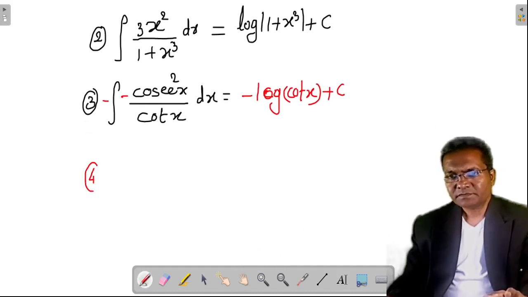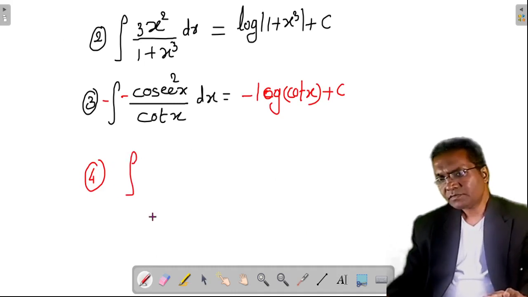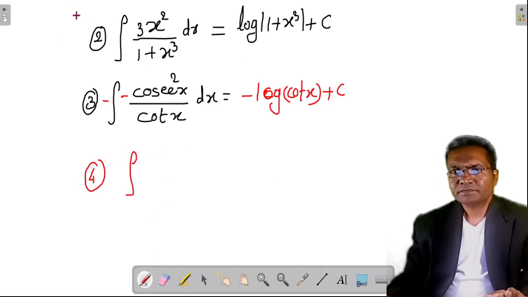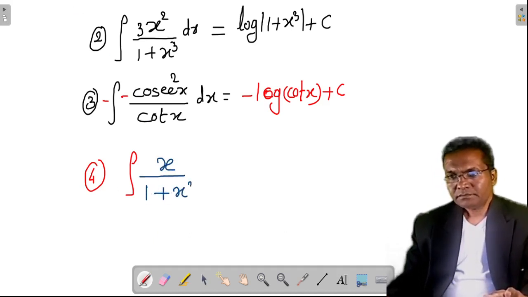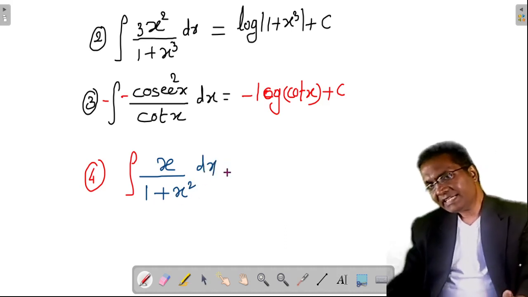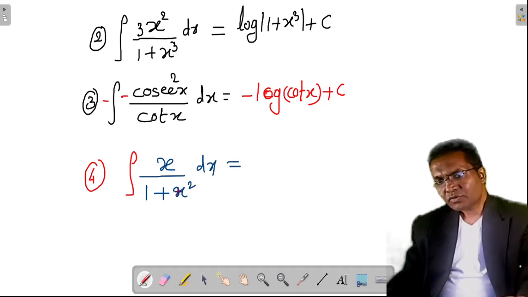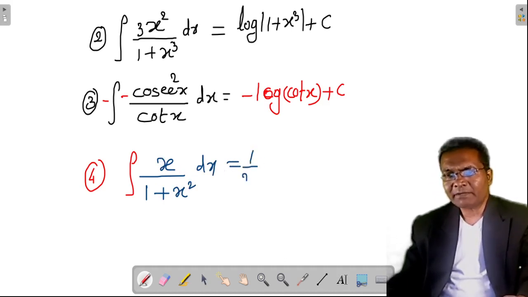Further, suppose you have a situation like this: integration of x by 1 plus x square dx. Its derivative is 2x, but 2 is not there, so multiply and divide by 2. Just make the arrangement: 2x by 1 plus x square dx.